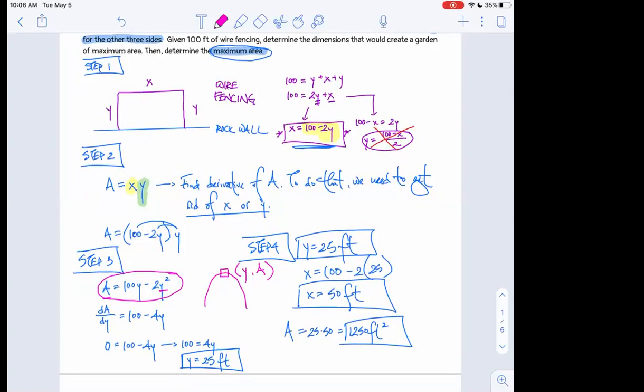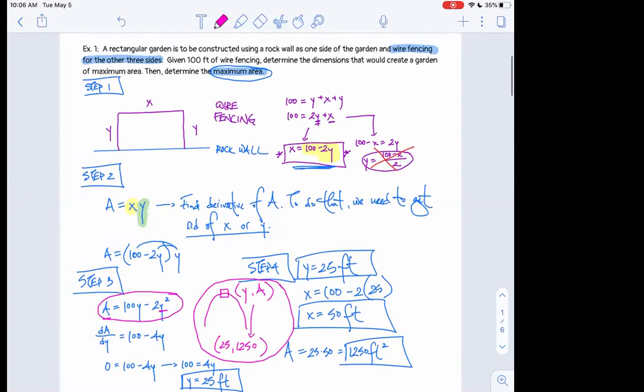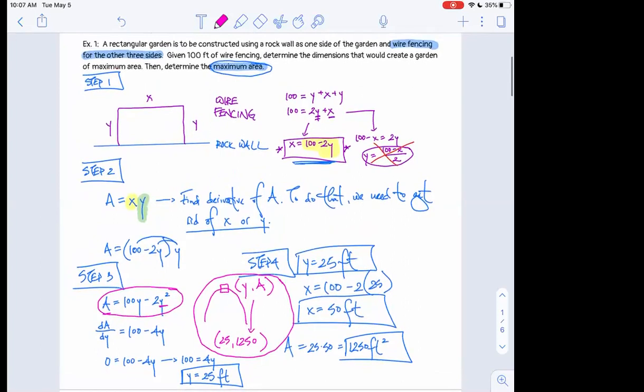For y you would get 25, and a would be 1250. So this in the pink is one way you can check your answers as you do practice problems. As long as you get that beginning equation right, you can graph it and see where the maximum or minimum point is.